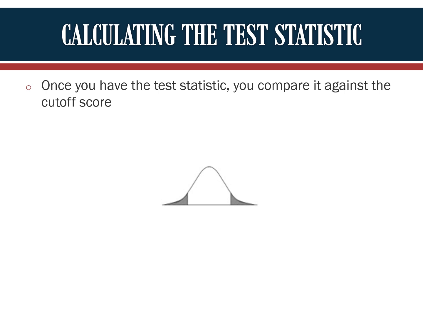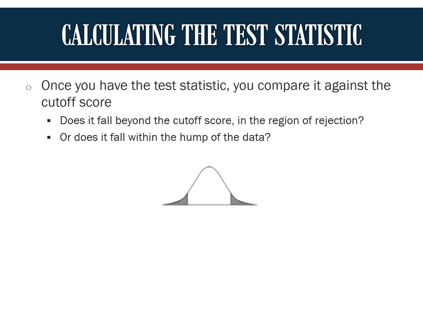All right, now once you have the test statistic, what you do then is you compare it against the cutoff score. So you look to see, does it fall beyond our cutoff score in the region of rejection, or does it fall within the hump of our data? If you look at the distribution on the slide here, we have a two-tailed test with our 2.5% probability in each tail. Our region of rejection is shaded in gray, whereas our hump is unshaded.